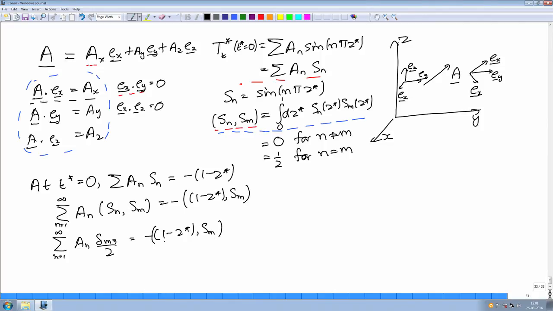And since delta n m is non-zero only when n is equal to m, this reduces quite easily. This just gives me a m by 2.